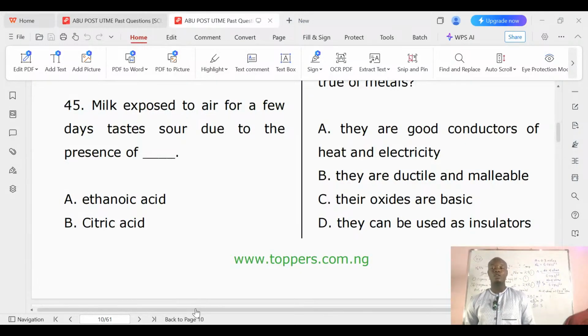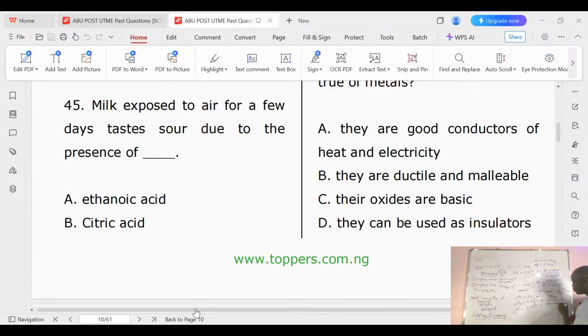And we have oxide. What is oxide? An oxide is a compound that contains only two elements, and one of the elements must be oxygen.